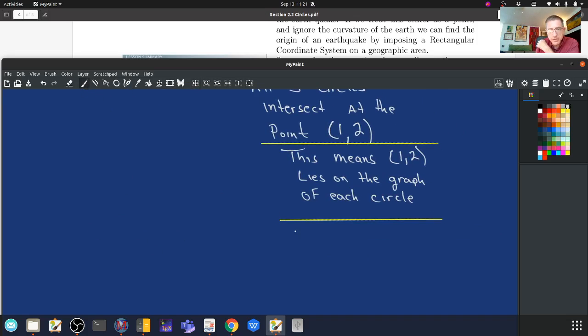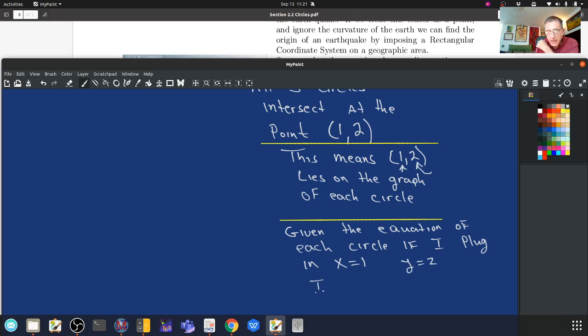That means, what this means is, given the equation of each circle, if I plug in x equals 1, that's where I'm getting the 1 at, and y equals 2, that's where I'm getting the 2 at, I get a true equation.